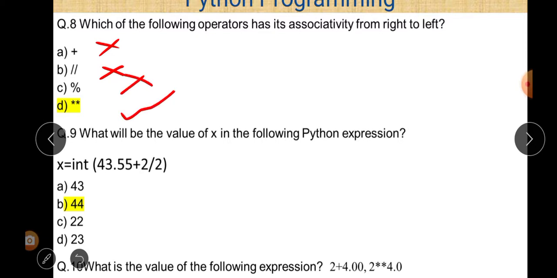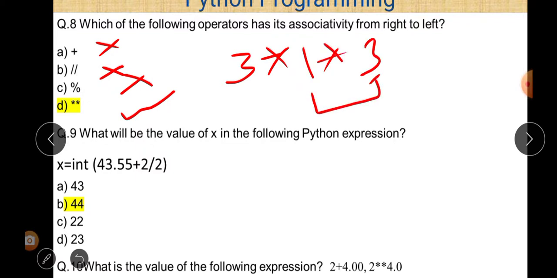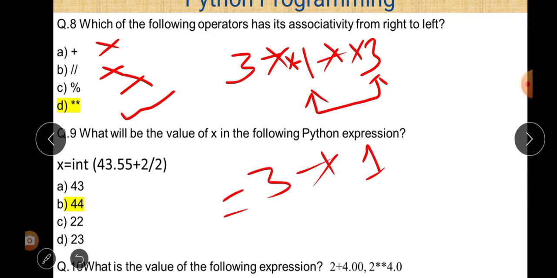Exponent is the correct answer, because in the previous question we already solved it like that. First of all, the rightmost exponent, like 2 double star 3, is evaluated, and after that whatever expression we get is evaluated like that.